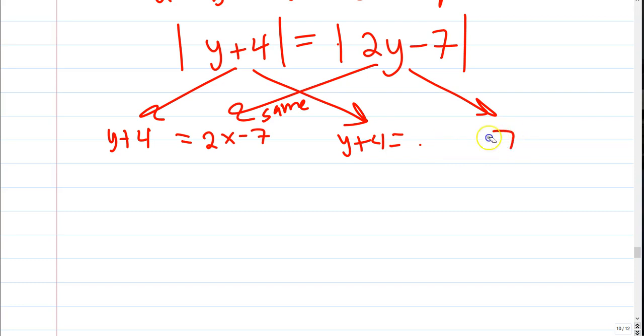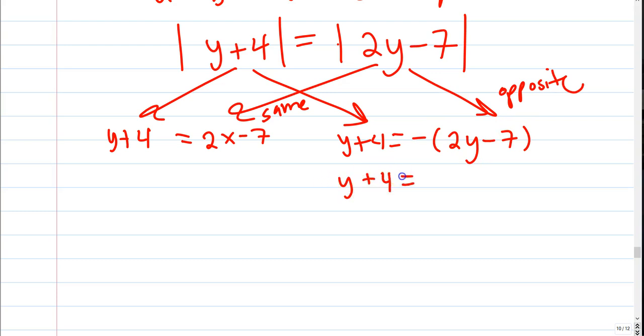That's wrong. This side becomes opposite. Meaning what? Well, really, technically, it becomes negative 2y minus 7. So it becomes what? Negative 2y plus 7. The entire group becomes opposite from what it was.